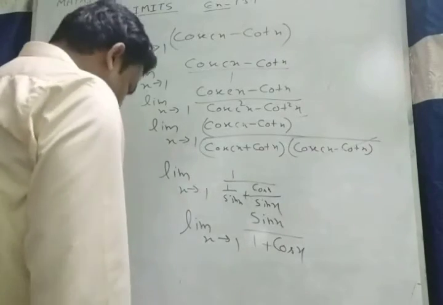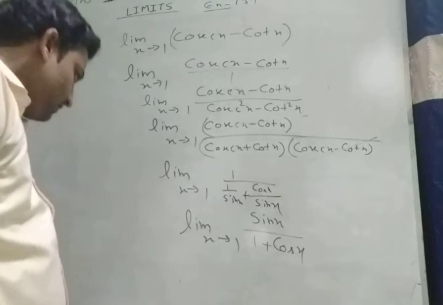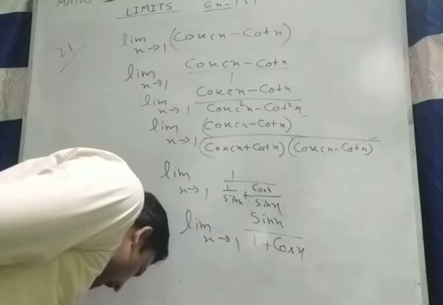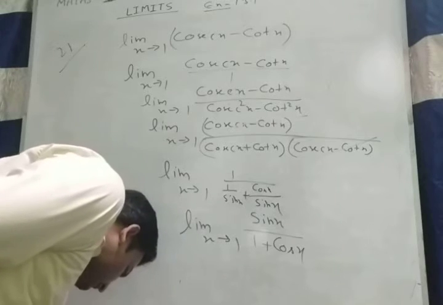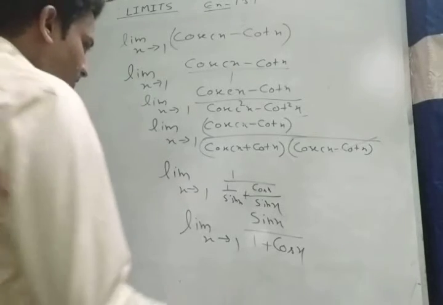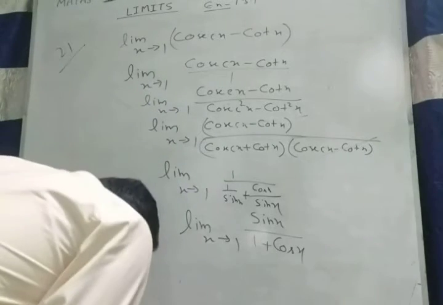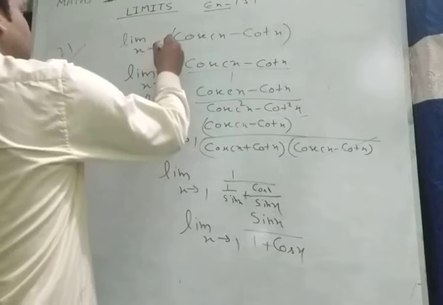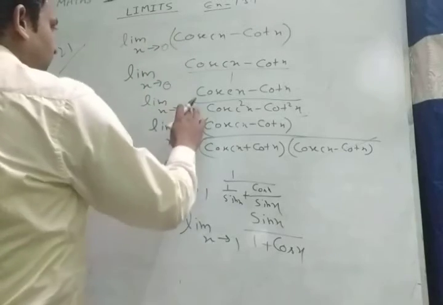Now we have to given the limit x tends to 1. So our limit is x tends to 0. Okay.